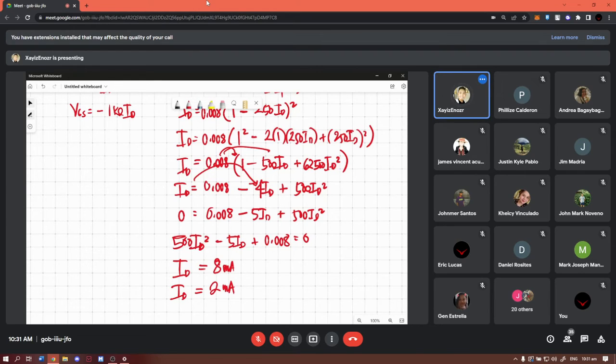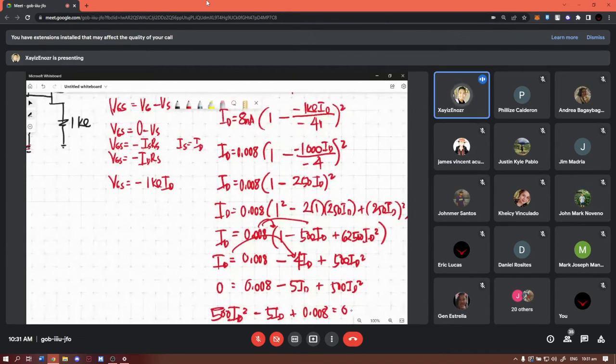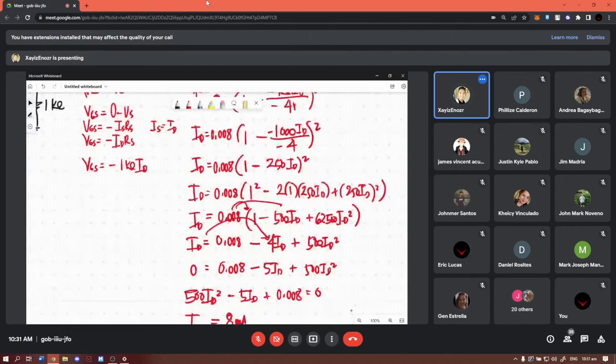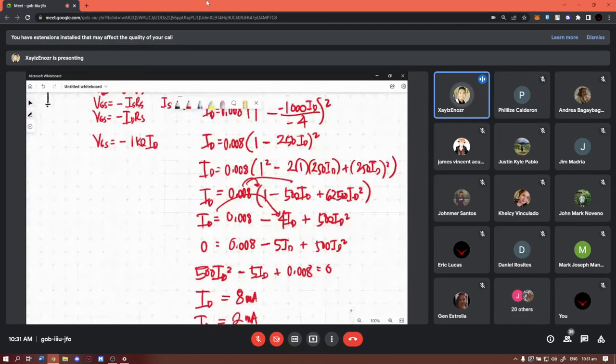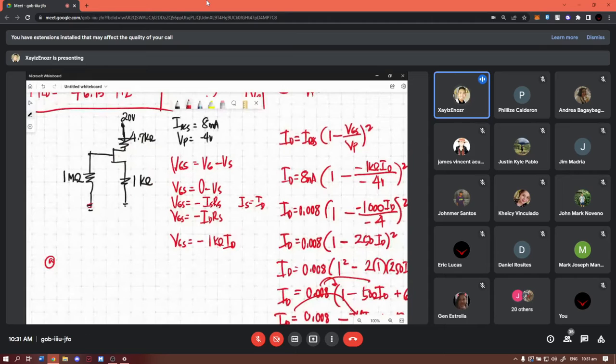Sakto ba? Sakto po. So, alin yung kukunin natin? Is it 8 or the 2? So, try natin i-substitute ang ID, kasi pareho silang mas mababa sa IDSS eh.